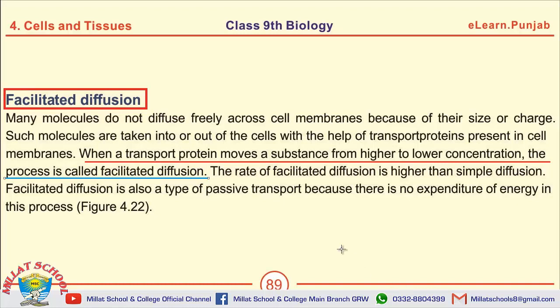The MCQs may be, the first one is, many molecules don't diffuse freely across cell membranes because of their size or charge. The other one is from the definition of facilitated diffusion, and the third one is, rate of facilitated diffusion is higher than simple diffusion.